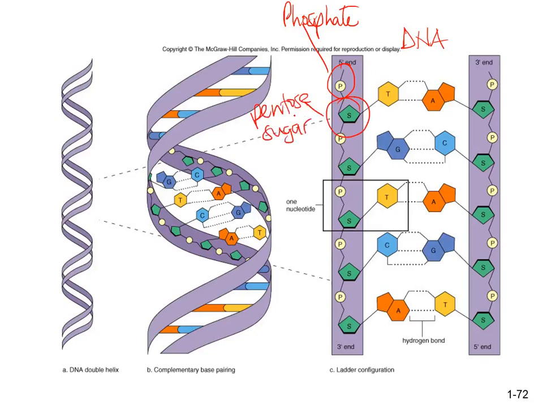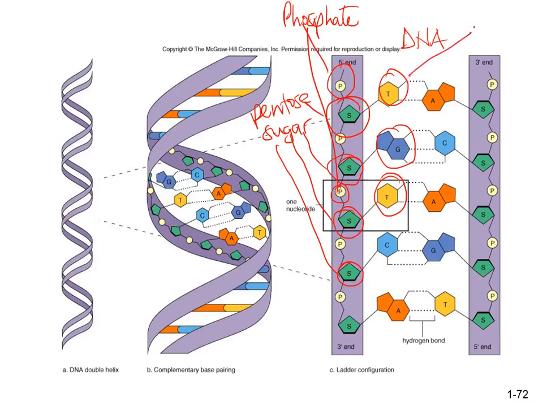Because they can give you a diagram like this to identify it. So all this is pentose, this part. This part is pentose. While this one here is phosphate, where you see the P. This part is the base, the nitrogen base.